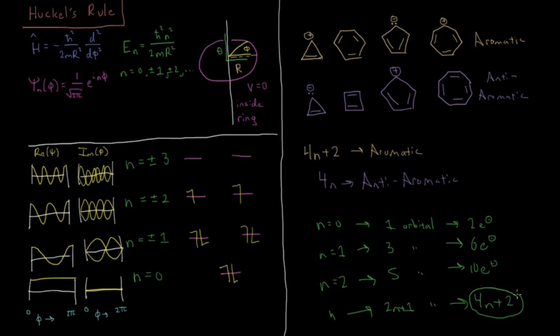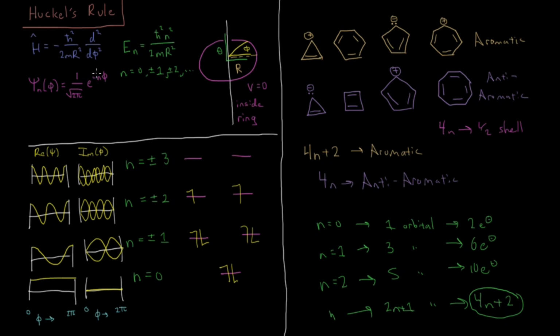And you'll notice this 4n plus 2 means that we have a filled energy shell. It's particularly stable, and that gives us aromaticity. If you have 4n, then you have a half-filled subshell, and that's particularly unstable.